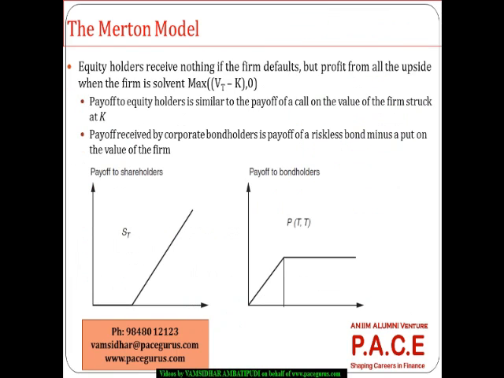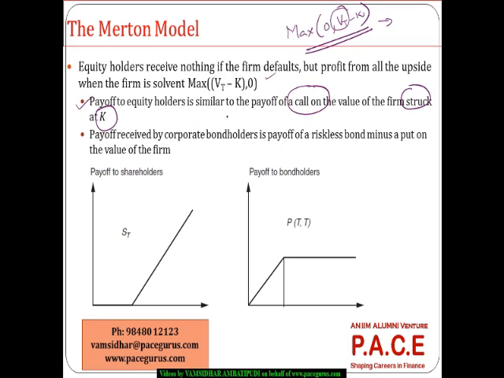And the same logic applies for equity: they are going to receive either 0 or Vt minus K, whichever is higher. So this is a perfect payoff associated with a call option. That's the reason we are saying the payoff to the equity holder is similar to the payoff of a call option on the value of the firm for a strike price equivalent to the face value of the debt.